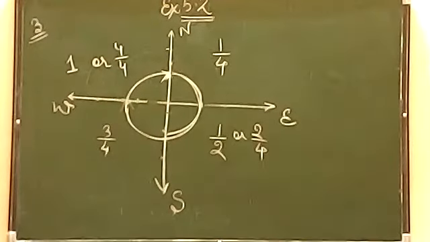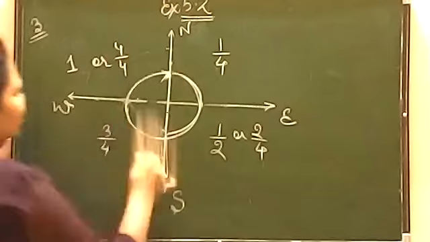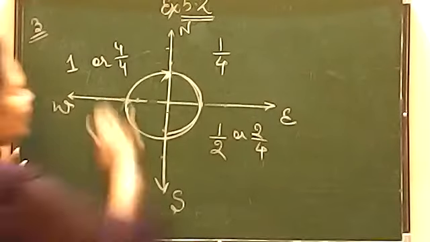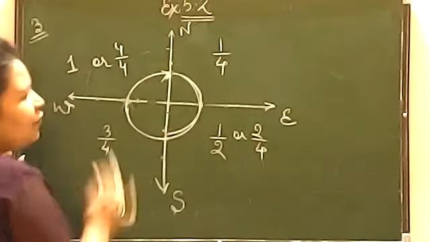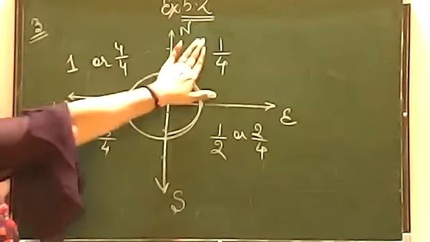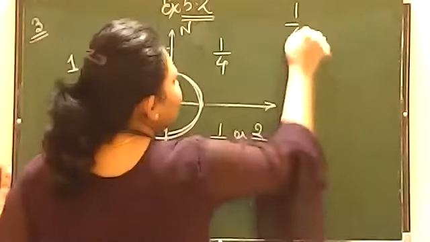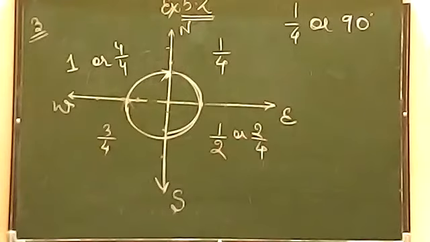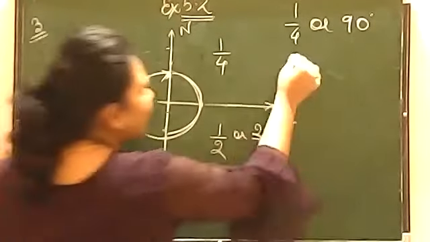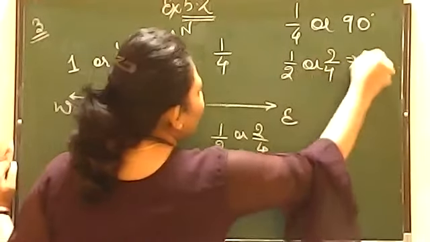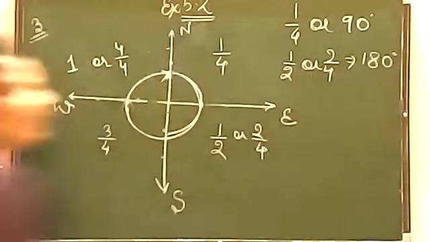Once again telling you, this is the direction which is divided into four different directions: east, west, north, south. So you can see we have total 4 parts. If you take only one part, that means you are talking about 1/4. So 1/4 means 90 degree only, one right angle. When you are talking about 1/2 or 2/4, you are talking about 180 degree.